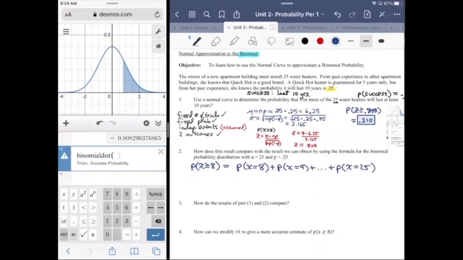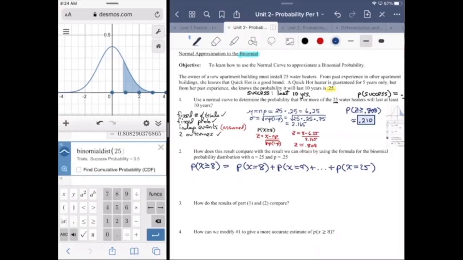If we put the number of trials, 25, into our Desmos calculator and the probability of success, which in this case is 0.25, it gives you the option to find the cumulative probability. So we're going to do binomial dist 25, 0.25: number of trials, probability of success.